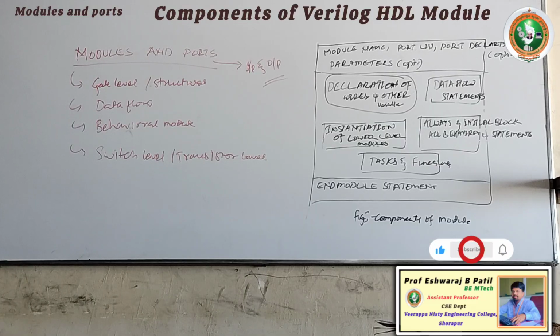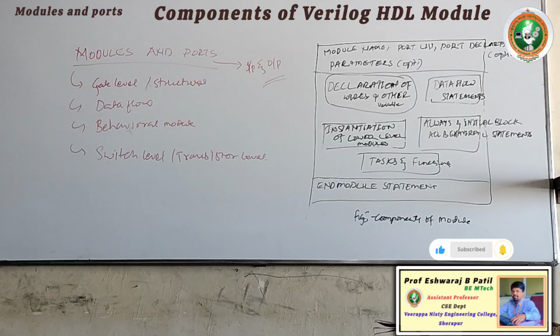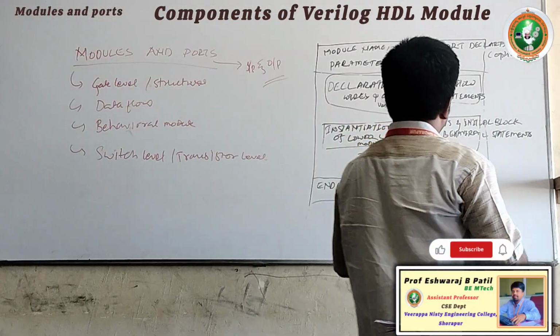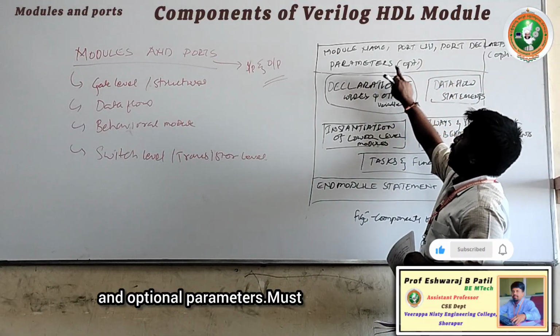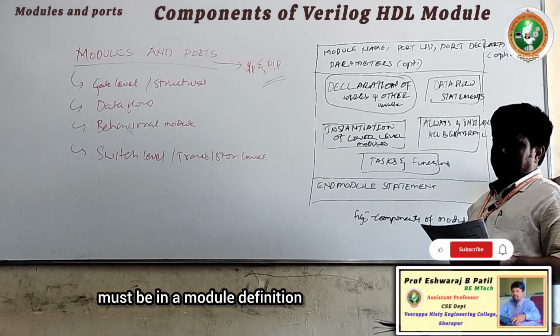Next, the module name, comma, port list, comma, port declaration and optional parameters must be in a model definition.